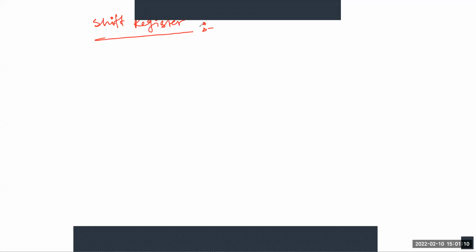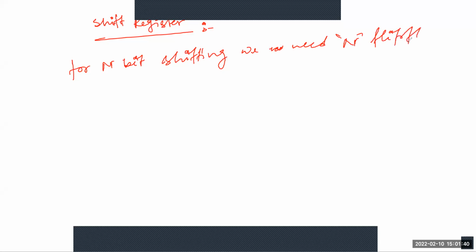So when the shifting property is there in the register, then it is called the shift register. For n bit shifting, we need n flip flops. And there are some categories. Mainly there are 4 types of shift register.